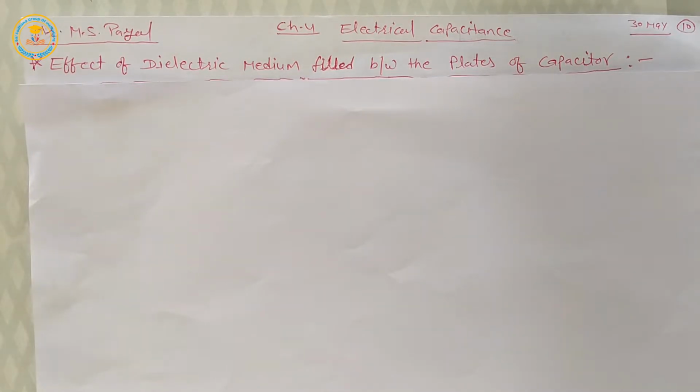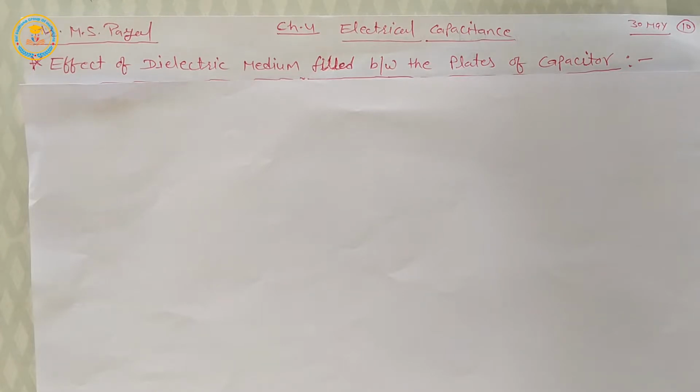Our chapter number 4 is going on, which is electrical capacitance. In this chapter, we have studied about a capacitor, the principle of a capacitor, and a parallel plate capacitor.